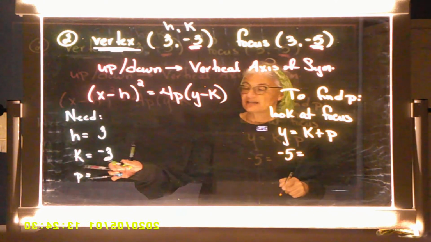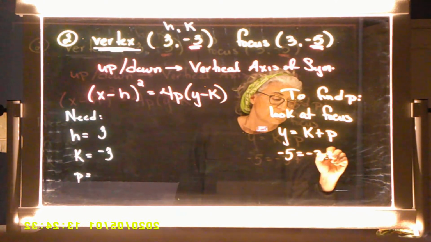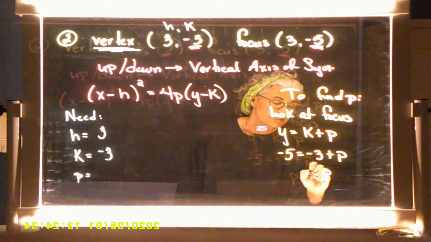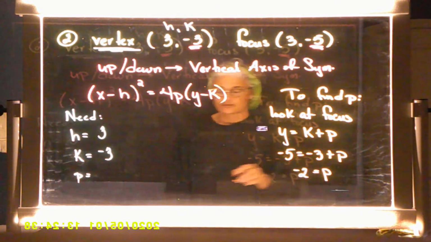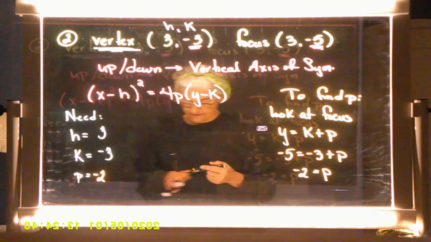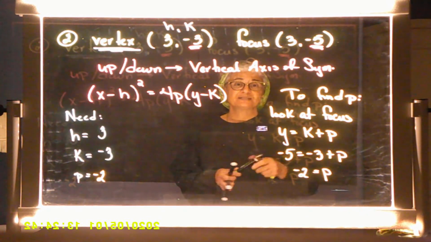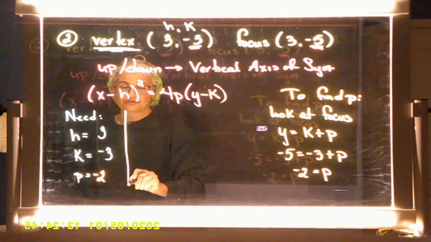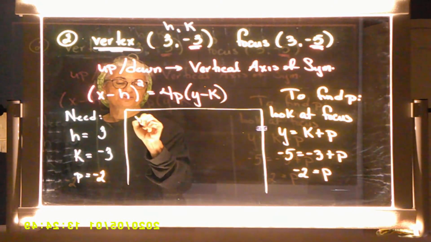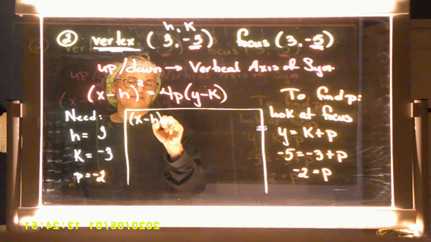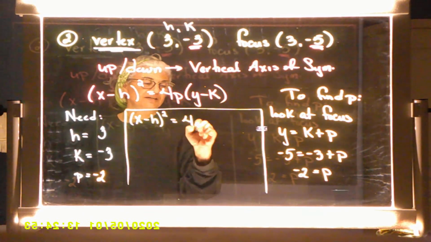I know k. K was -3 plus p, which means it's easy to find p in this case. Good? Okay, so I found that p was -2, which means time to write our equation. So the equation, generically speaking, looks like this.